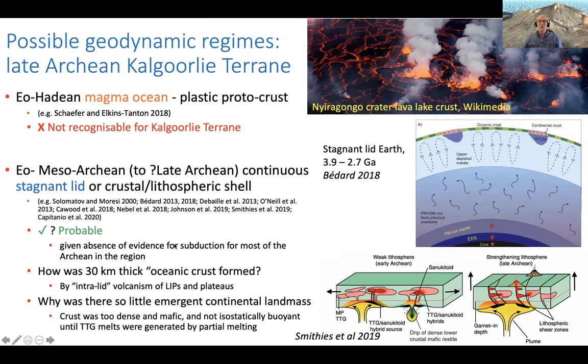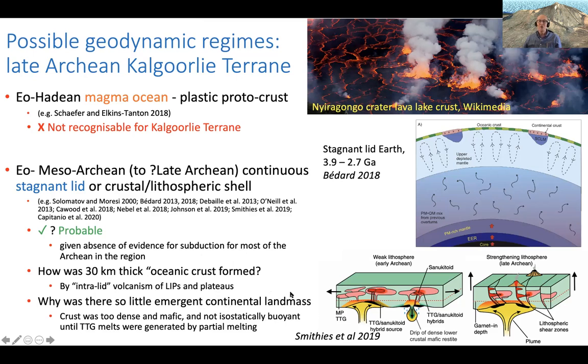And the evidence of that lies in the absence of clearly defined lithospheric plates, subduction zones, and spreading ridge systems. That outer shell was probably very mafic to ultramafic in composition, up to about 30 kilometers in thickness, produced by intra-lid volcanism, producing large igneous provinces and igneous plateaus. And it was so dense that it was not isostatically buoyant.